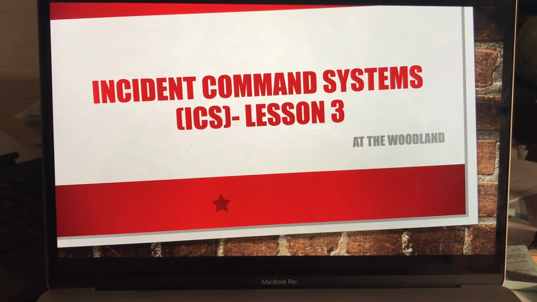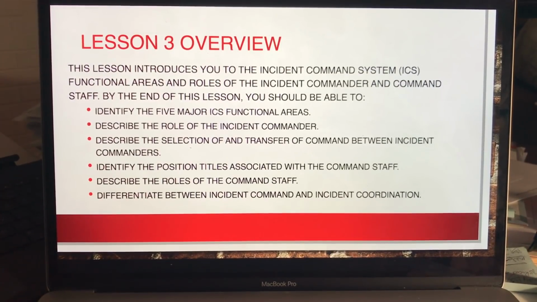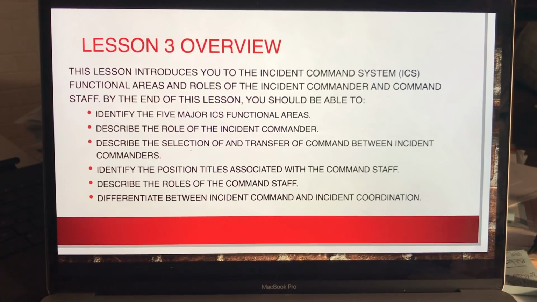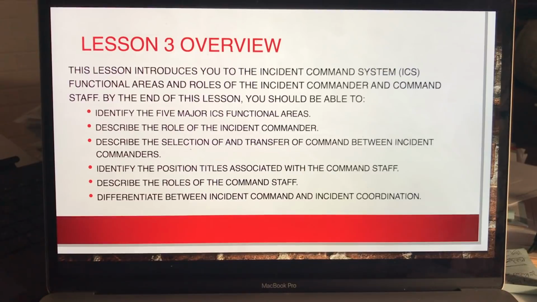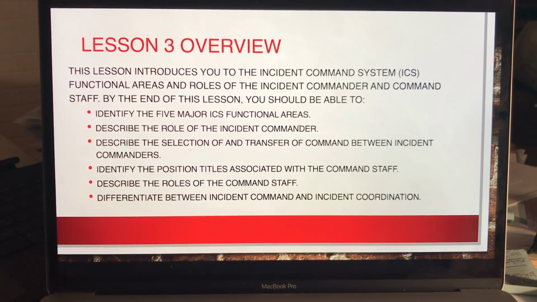Incident Command Systems, Lesson 3. This lesson introduces you to the Incident Command System functional areas and roles of the incident commander and command staff.